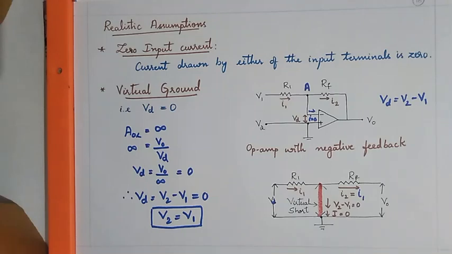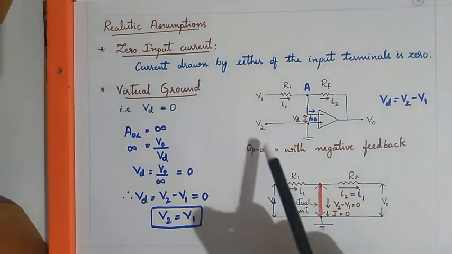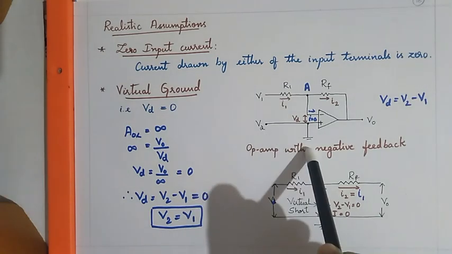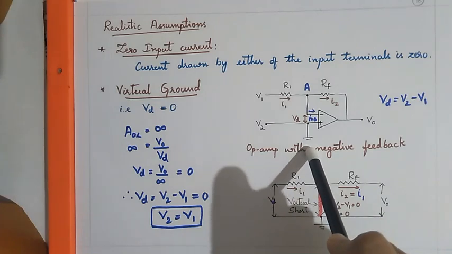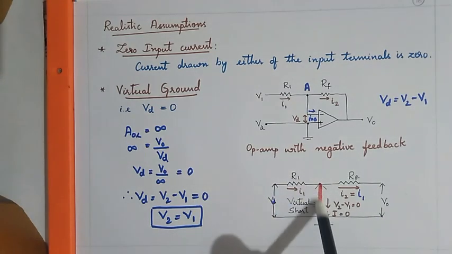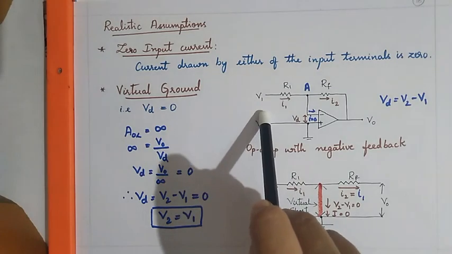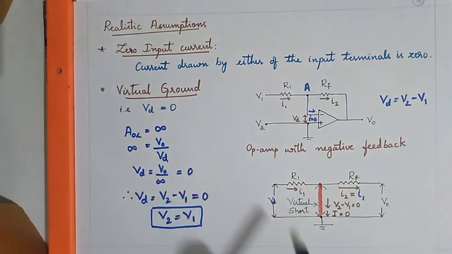In other words, if the non-inverting terminal of the op-amp is grounded, by the concept of virtual ground the inverting terminal is also at the ground potential, though there is no physical connection between the inverting terminal and the ground. This is the principle of the virtual ground.